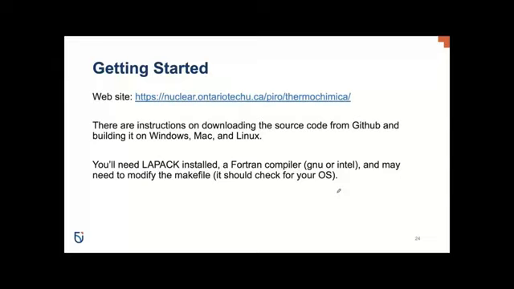That's pretty standard on Mac and Linux, but I think you have to install it separately for Windows. You also need a Fortran compiler, whether it's the GNU compiler or Intel, and you might need to modify the makefile, but Max and our team have done a really nice job cleaning that up, so it can be automated to determine your operating system. Once you download the code, it's pretty easy to build it, just make.